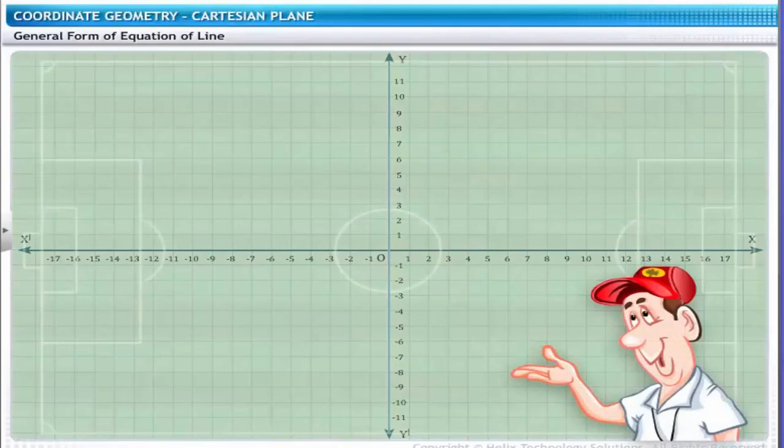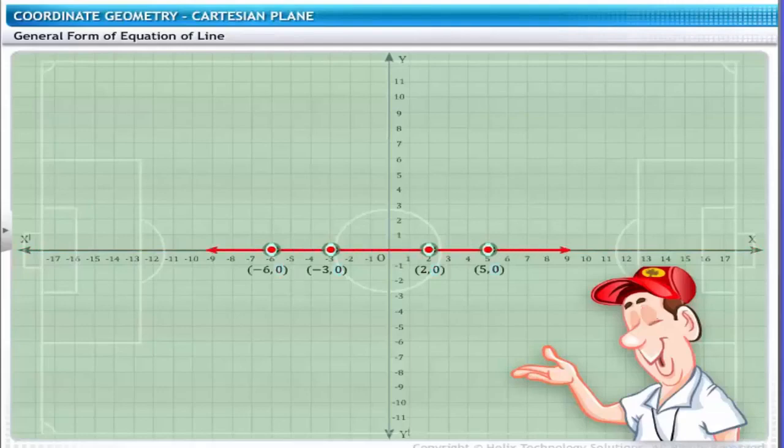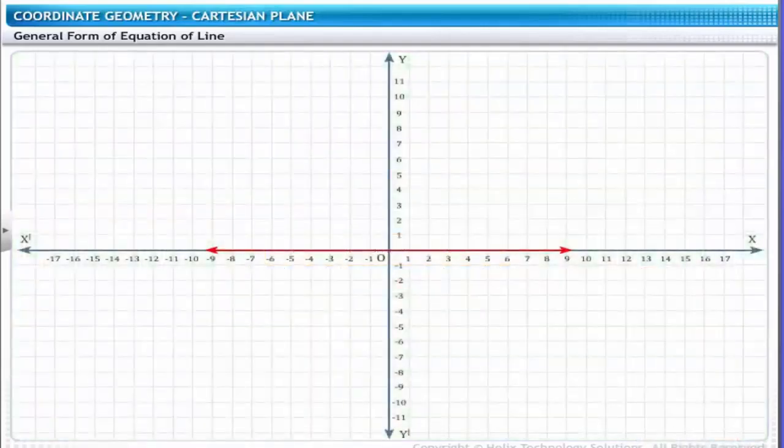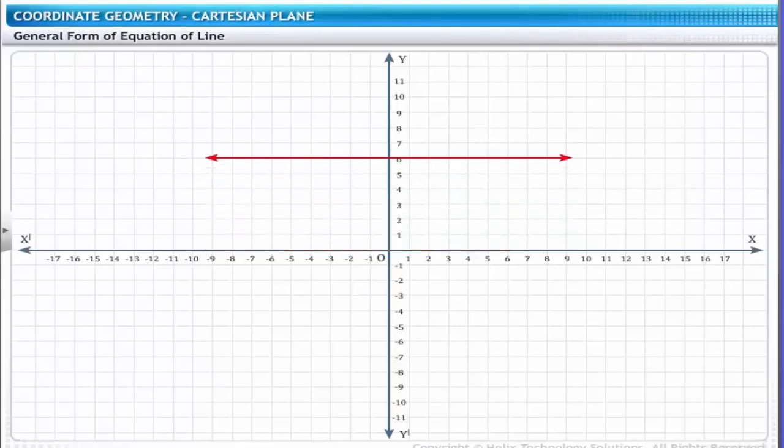Another situation may involve positioning the players at (-6, 0), (-3, 0), (2, 0), and (5, 0). All these points lie on the X-axis and the Y value is 0. Therefore, the equation for the X-axis in this case is y equals 0. Additionally, if you notice, the line joining the position of players standing at the same distance actually runs parallel to the X-axis.